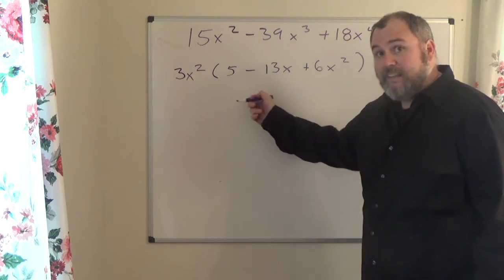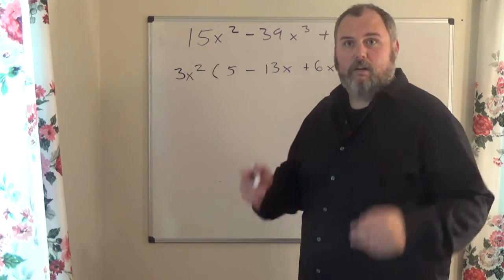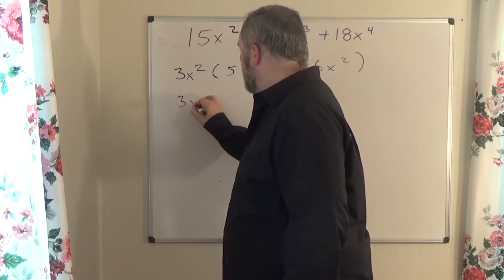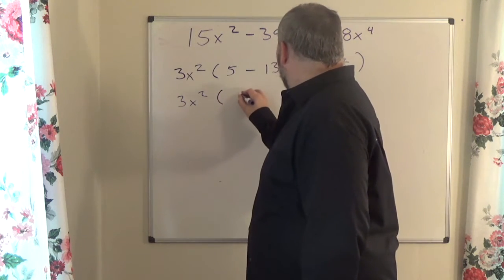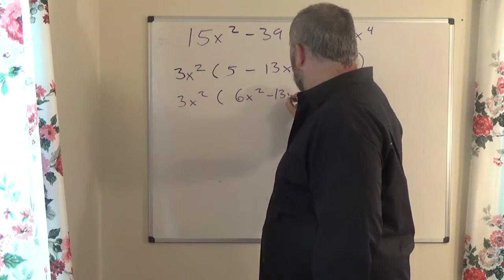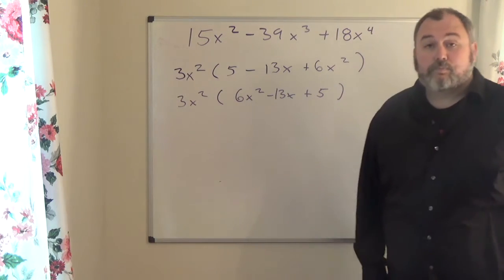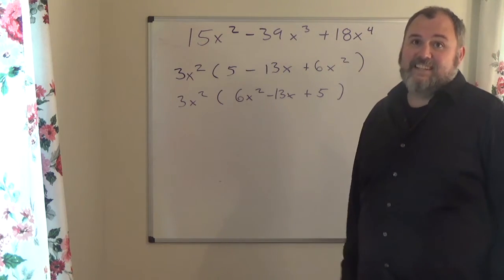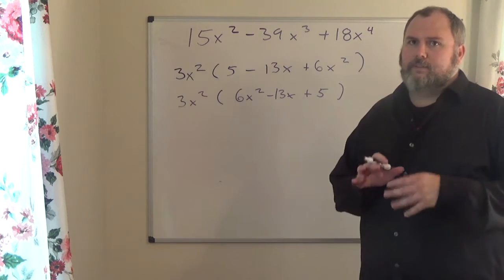So I'm going to rewrite this piece again. We don't need to forget our GCF, and we're going to rewrite this as 6x squared minus 13x plus 5. Alright, cool. So let's look at this guy. We've got it all nice and organized for us.